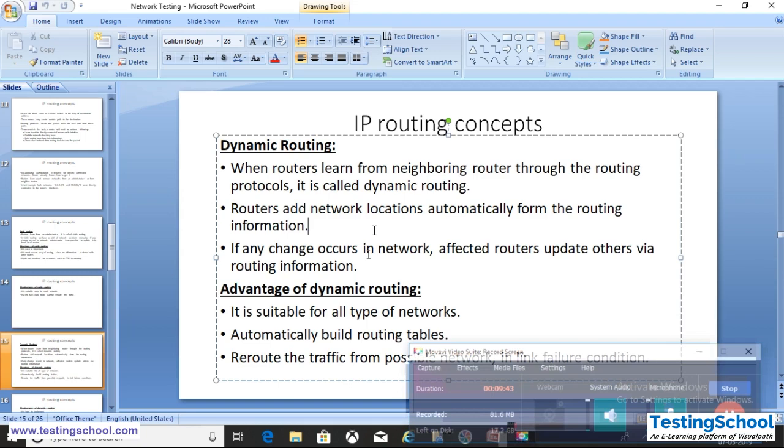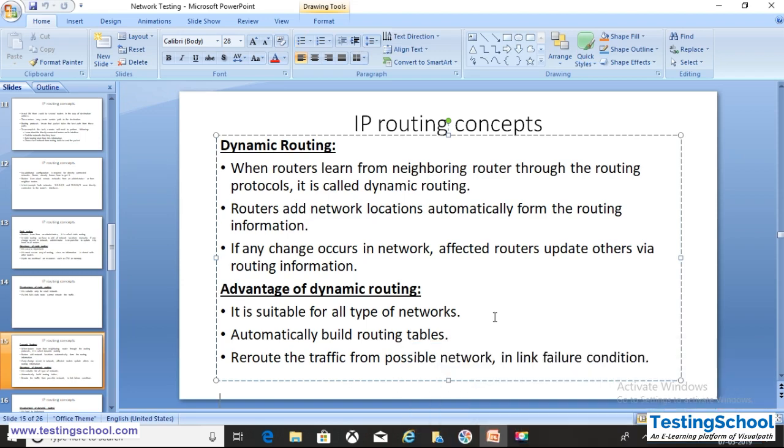And as we saw in the static routing case, if any failure condition occurs, rerouting of traffic is not possible, but here it is possible.